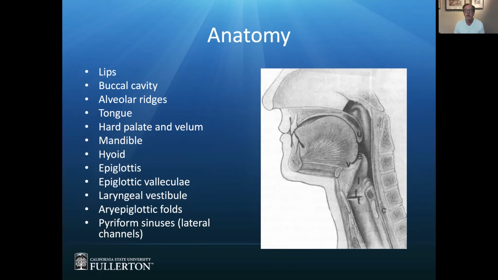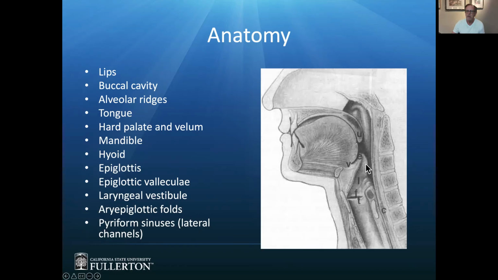So we'll get that experience in this course. But the aryepiglottic folds run between the tip of the epiglottis and down here where you've got the cuneiform and corniculate and arytenoid cartilages. And then the piriform sinus, also called the lateral channel, is lateral to that.